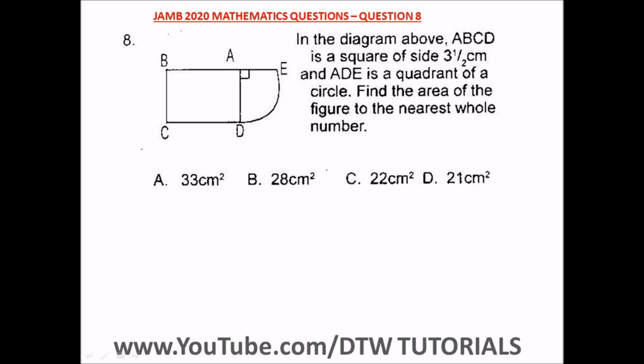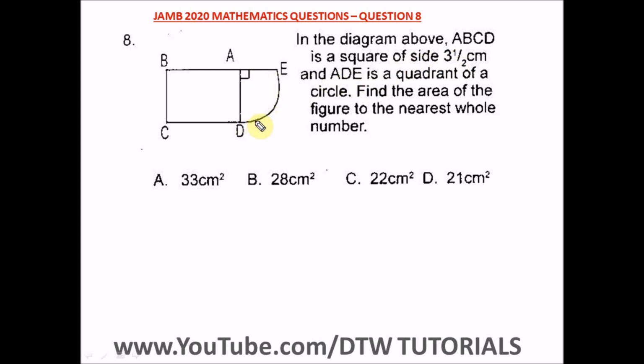So we were told again in question number 8 of the Jamb 2020 maths questions that in the diagram above, or in this case the diagram beside, ABCD is a square of side 3.5 centimeters each.